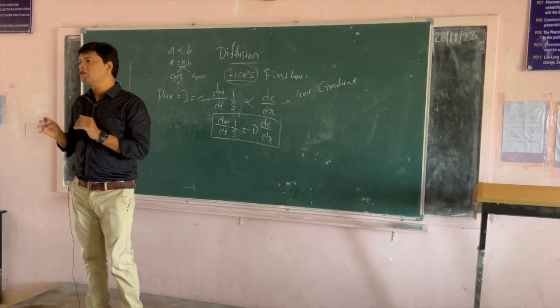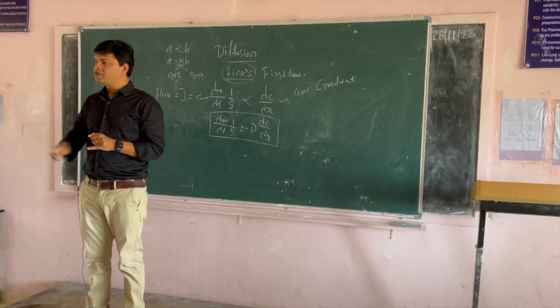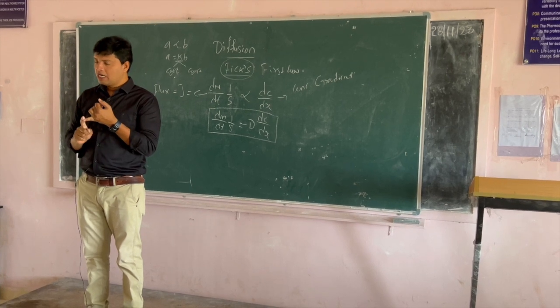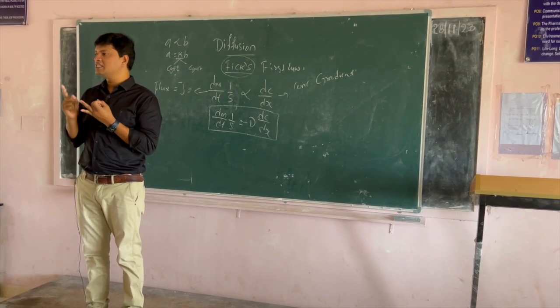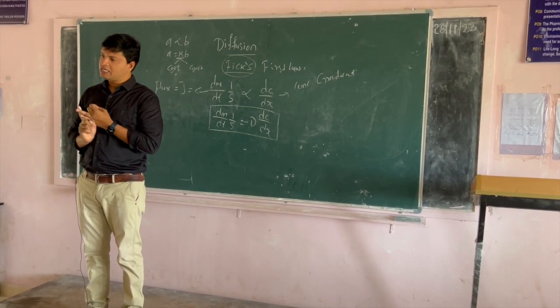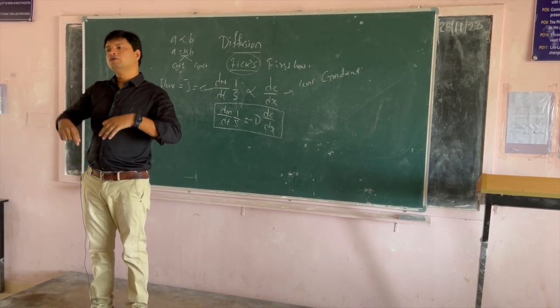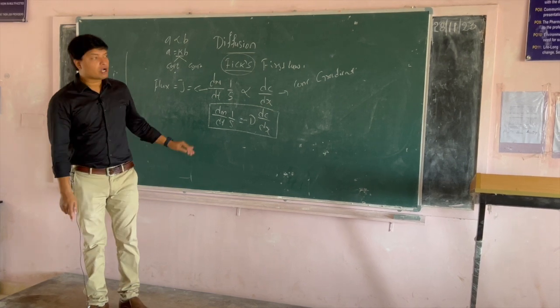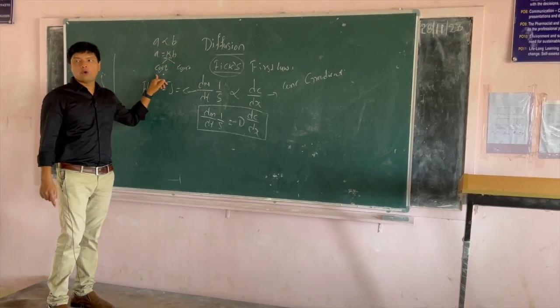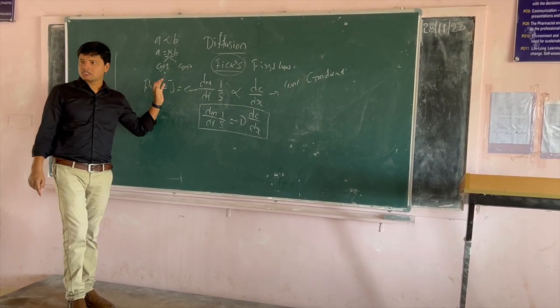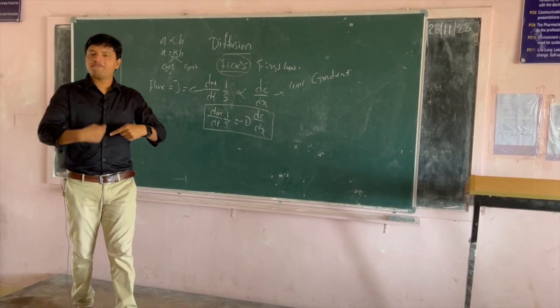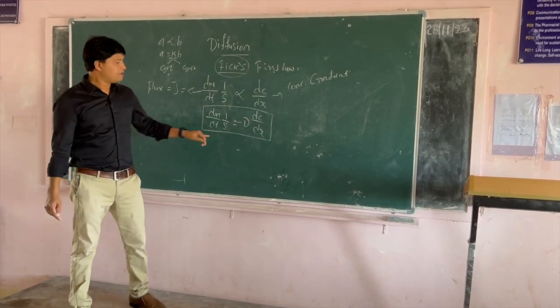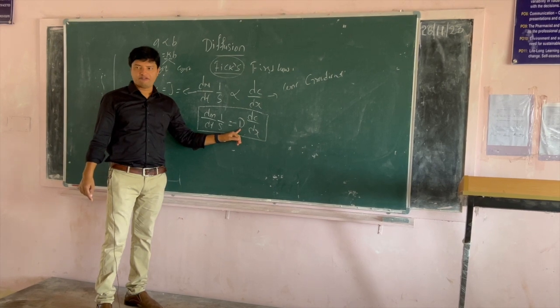This diffusion coefficient will change if you change concentration, temperature, or pressure. You do whatever, it will change. It is not constant. In that case only the constant is named as coefficient. We name it coefficient when it changes along with other things. Hence I am making it a diffusion coefficient.